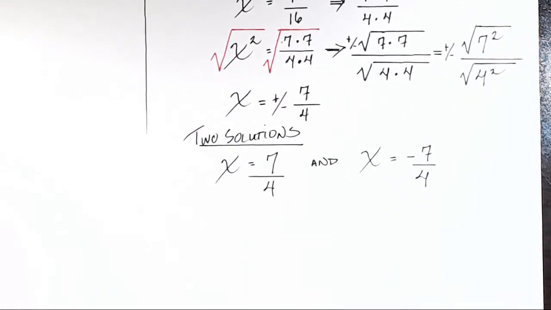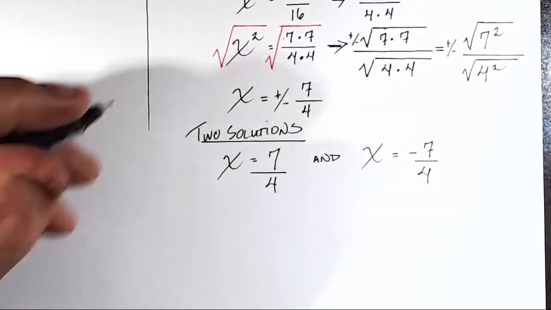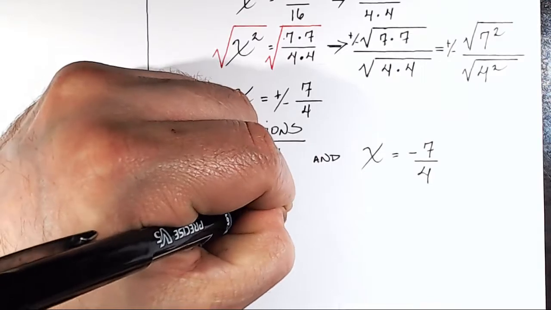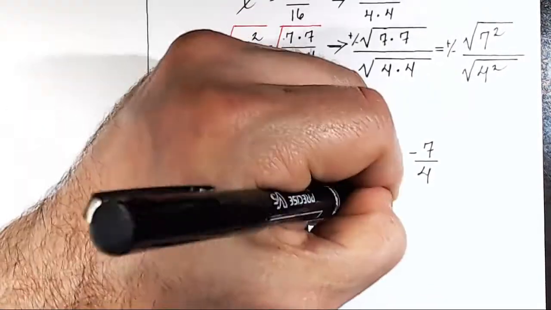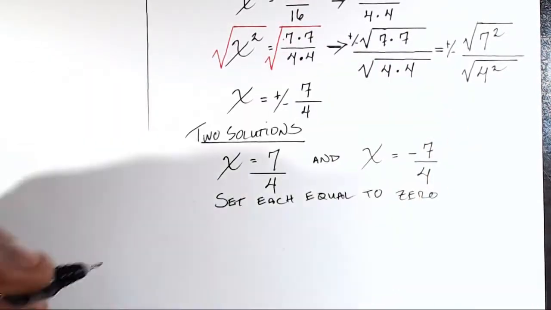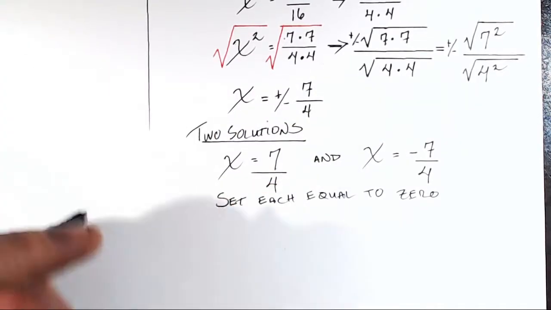So if those are my solutions, my factors come from setting each equal to 0. I'm going to subtract 7/4 from both sides here.